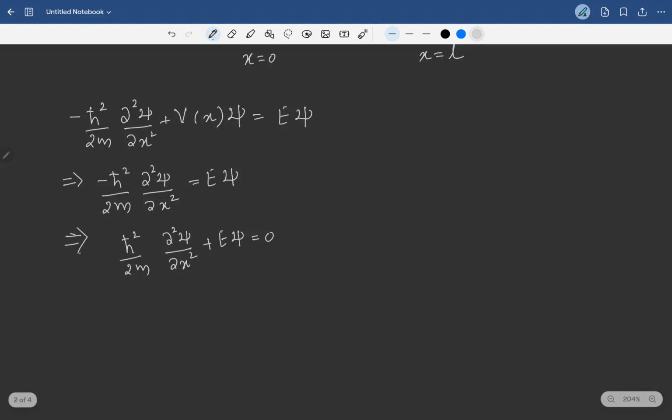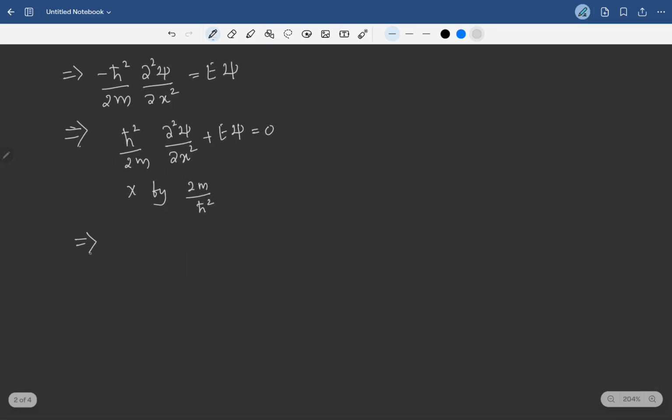Multiply this whole equation by 2m by h cut square. It implies d square psi by dx square plus 2mE by h cut square psi is equal to 0.